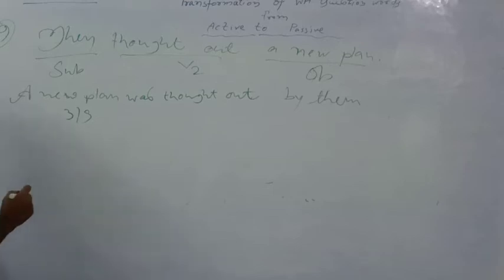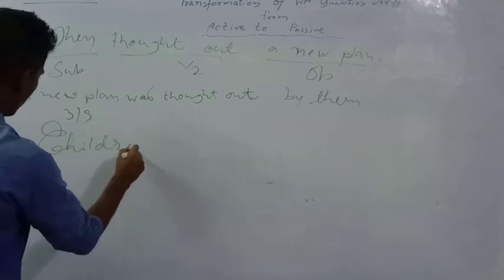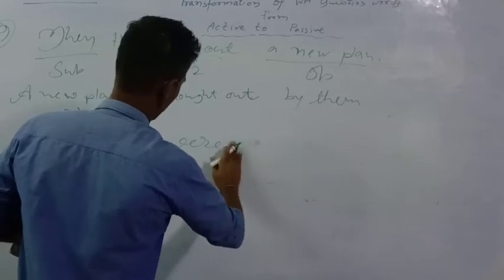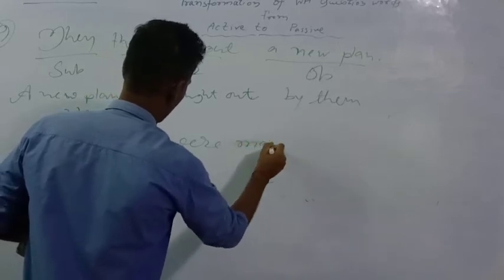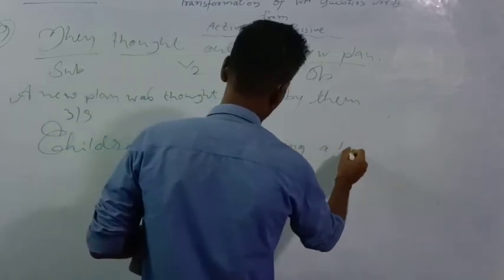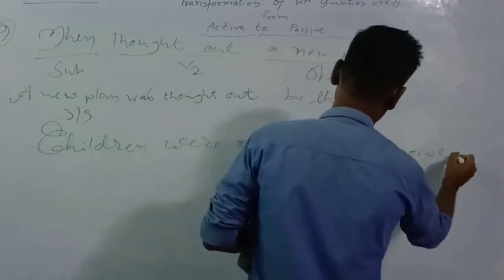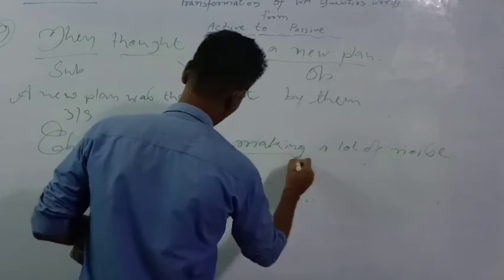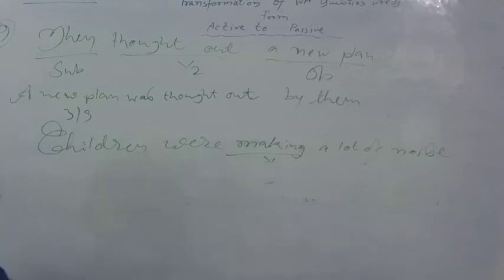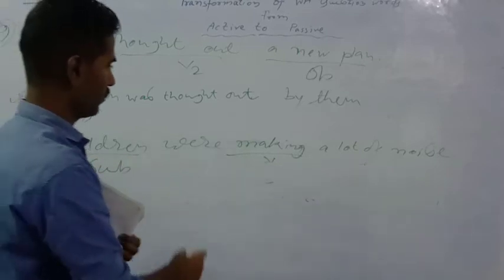10. Children were making a lot of noise. Making is the verb, V4. Talking about children, children is the subject. What were they making?